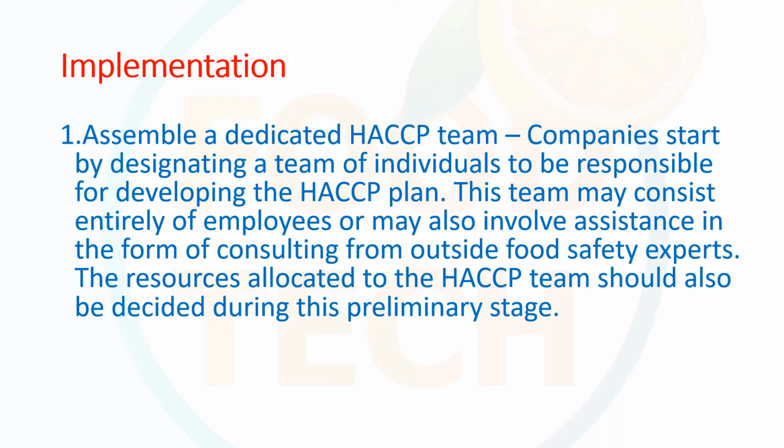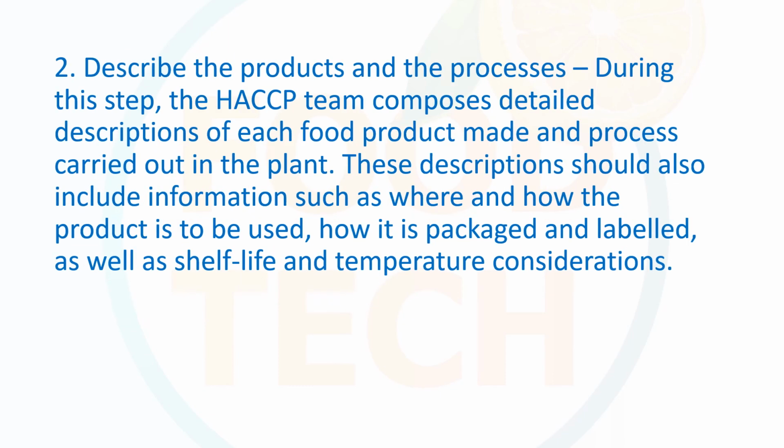Here I have told you about implementation, how the HACCP team is formed. It consists of food safety experts, assistants and all, and the HACCP team should be decided during the preliminary stage.